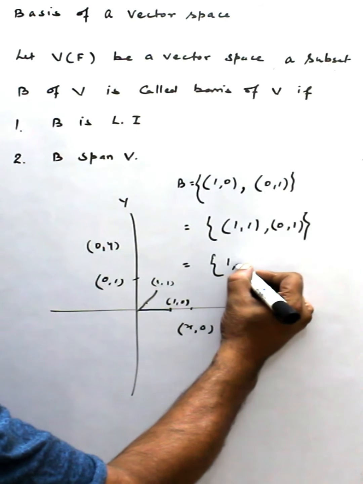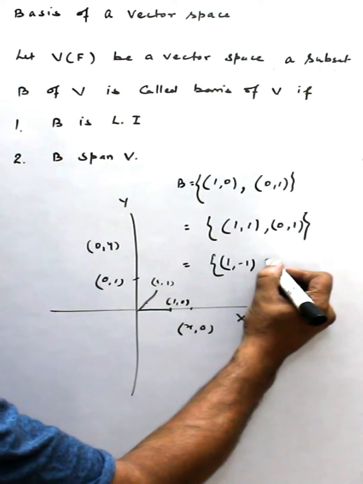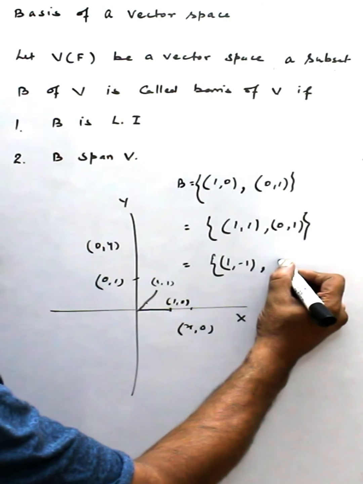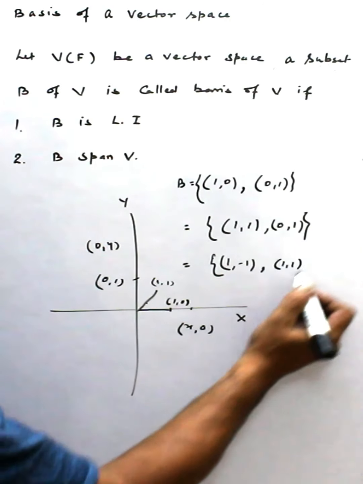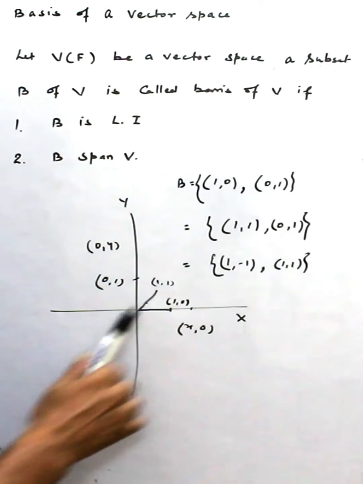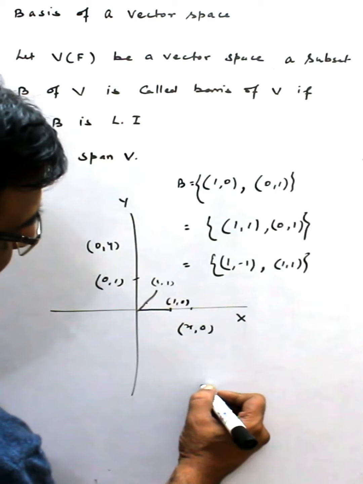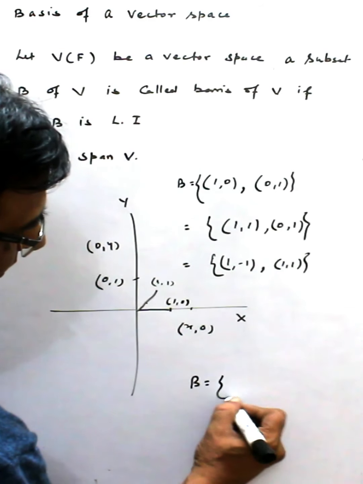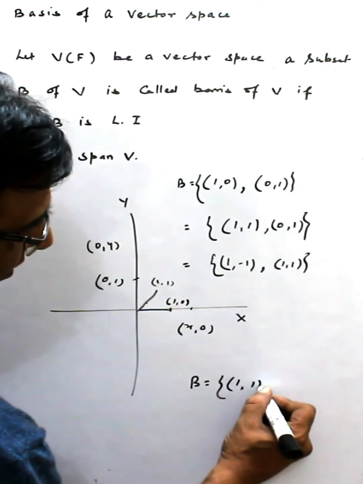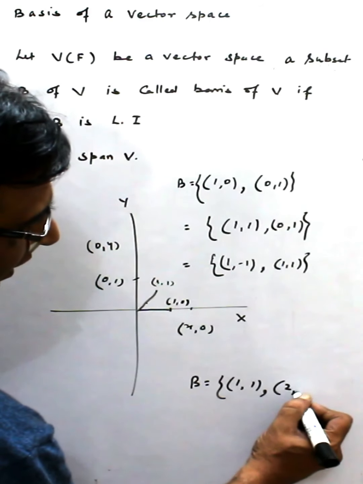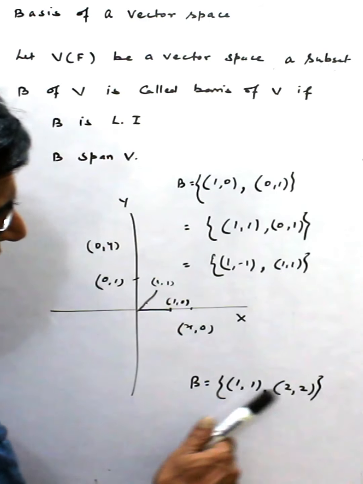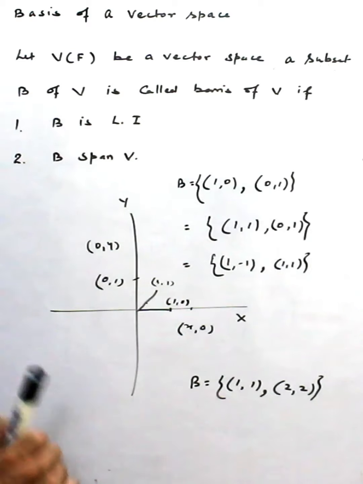I can take (1, -1), comma, (1, 1), but they should be distinct. You cannot take (1, 1) and (2, 2), because these vectors are linearly dependent.